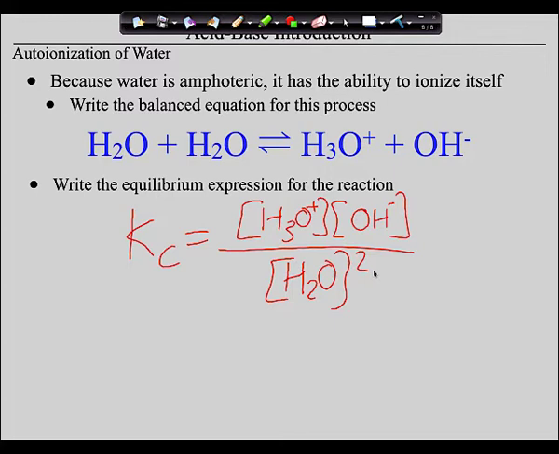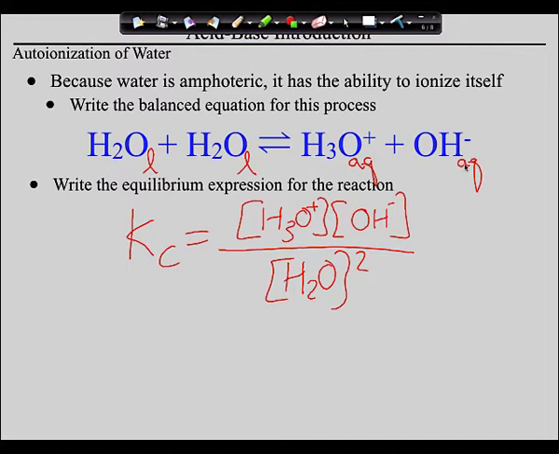Guys, this is a heterogeneous equilibria. Let's put some subscripts on here. Liquid, liquid, aqueous, aqueous. And what do we remember about heterogeneous equilibria? Heterogeneous equilibria, we do not include which ones?